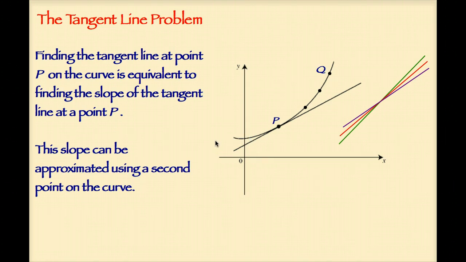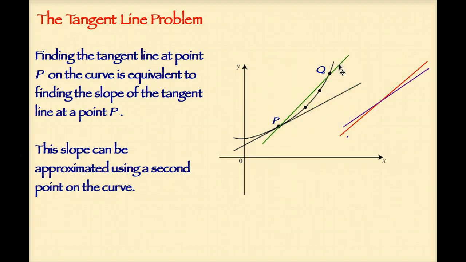And if you had to find the slope of this tangent line, you might think, well, I could probably get a pretty good approximation if I choose another point on the function that's pretty close to P, and with those two sets of coordinates, I could find the slope. So we would start with maybe P and Q. Let me grab this line and see what that would look like.